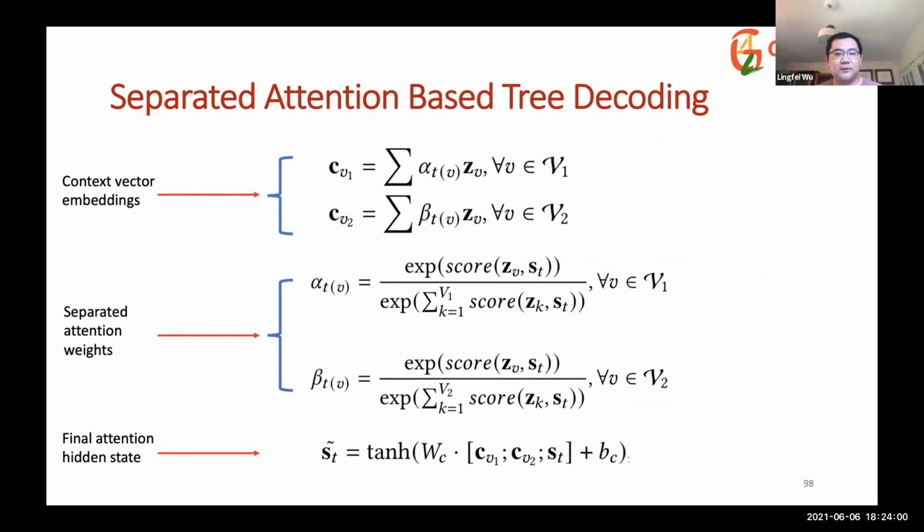The separate attention we're talking about here is that we generate the context vector embedding based on the attention that we have been talking about before. And finally, we can compute the final attention hidden state by utilizing all the information we have here, the context vectors from the different nodes and also the current hidden state.